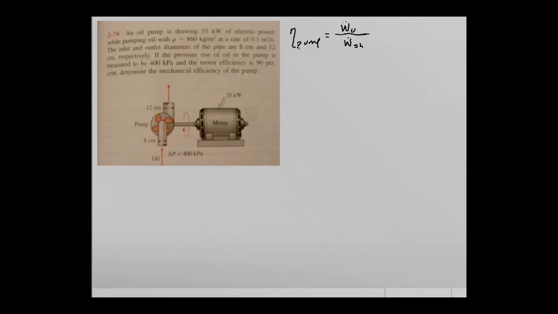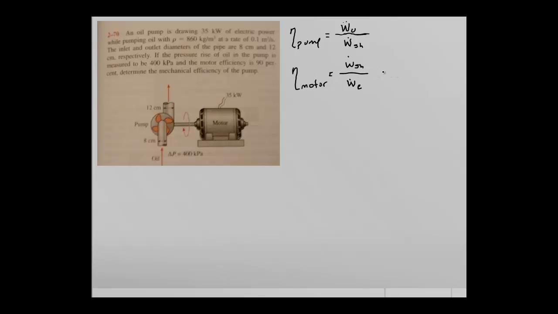But we are not given the shaft work, we are given the electric work. But we know that the motor efficiency can be computed as the shaft power divided by the electric power that we are giving.